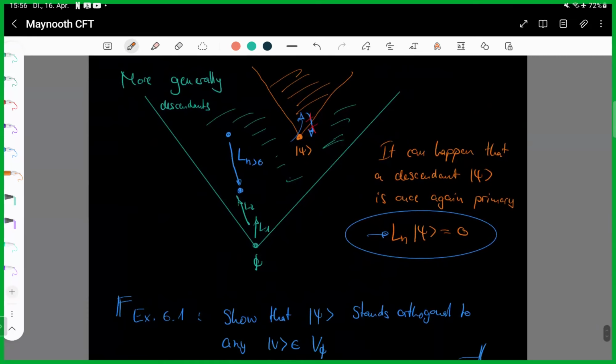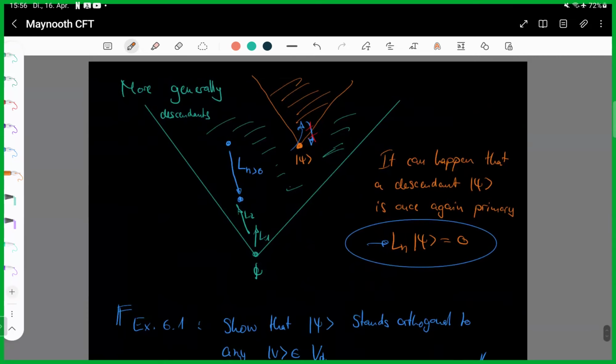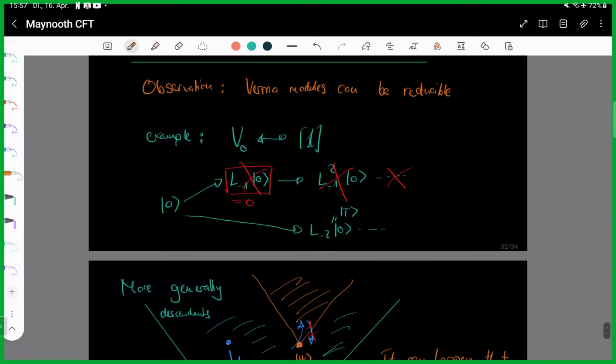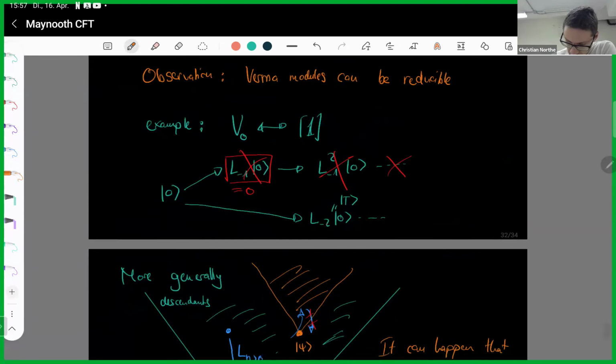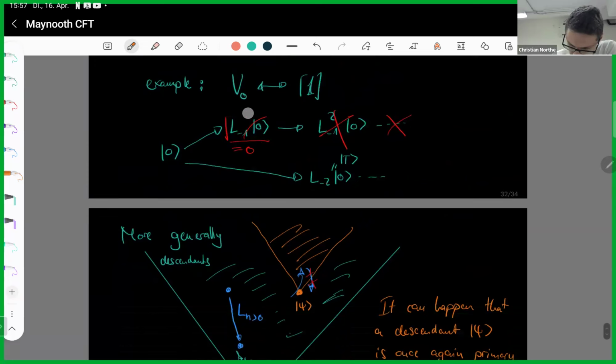Maybe just with reference to the previous example. So in that case, would the descendant, which is a primary field, be the L-2 of the...? No, no, this guy here, for instance. Yeah, good. Let's clean this up a bit and go from the start. So this guy here.